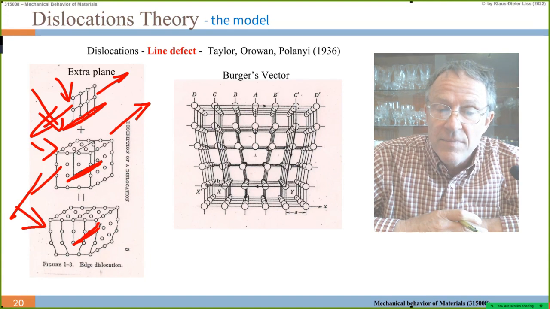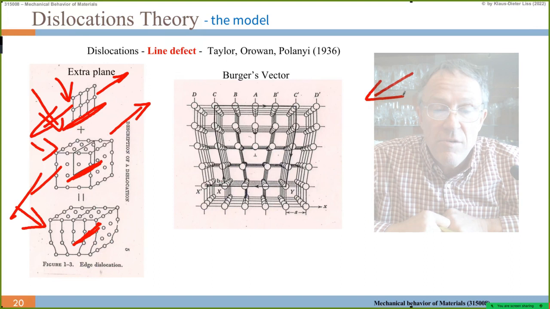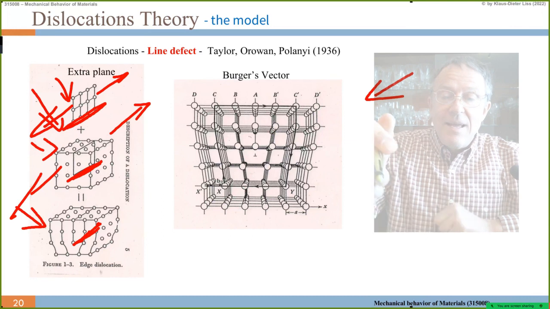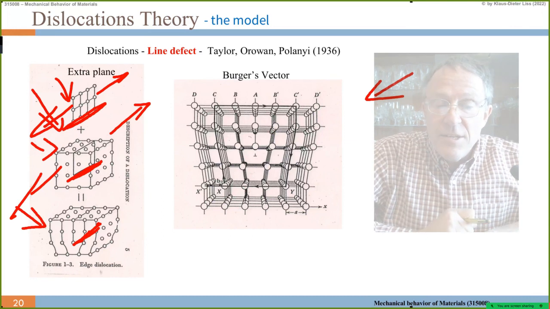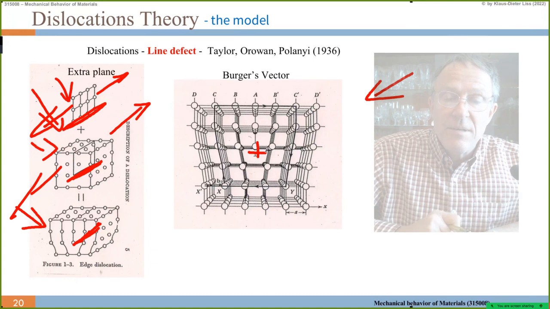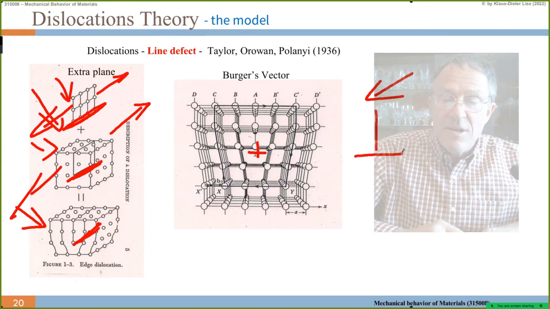Let's look along some of the crystal zone axis perpendicular to the insertion and along the edge. Then we see the edge here. So this is shown by this symbol. We insert a plane until there.